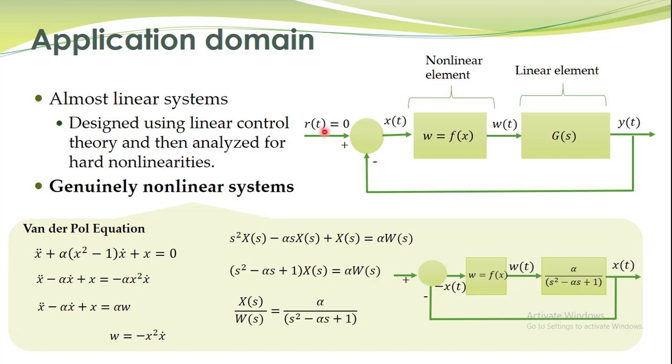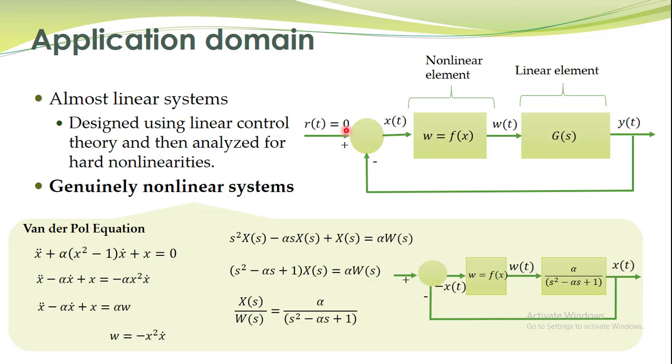In this system, we have also taken input to be equal to 0 for the simplicity of our analysis. You know that if you are, for example, solving the tracking problem, this input can be non-zero as well. However, we have taken it to be equal to 0 for simplicity of our analysis, because if limit cycle exists for this input, input equal to 0, limit cycle will also exist for some other input.